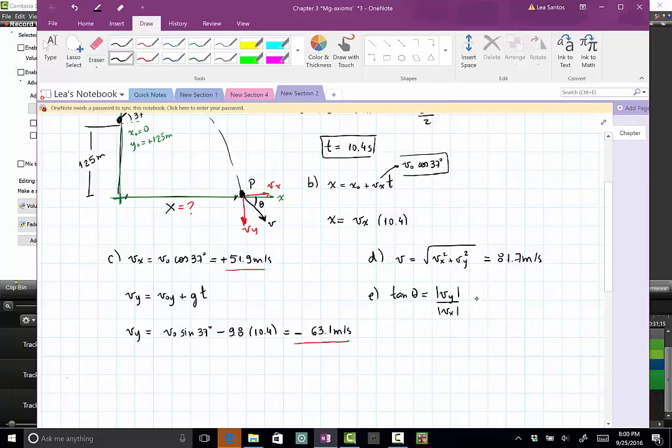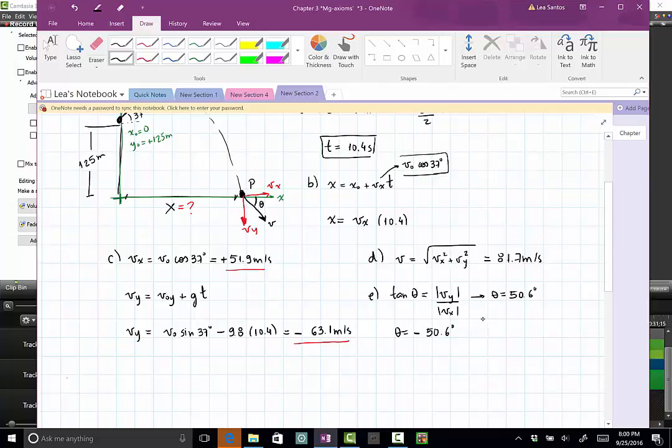From here I get an angle, and you should get that this theta is 50.6 degrees, but this is the theta below the x-axis, so a way to write it is theta is minus 50.6 degrees, so below the x-axis, or you just write 50.6 below the x-axis.